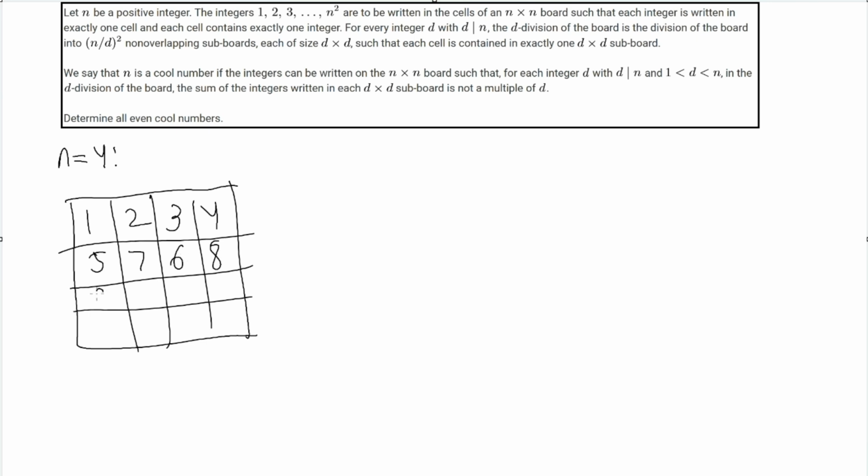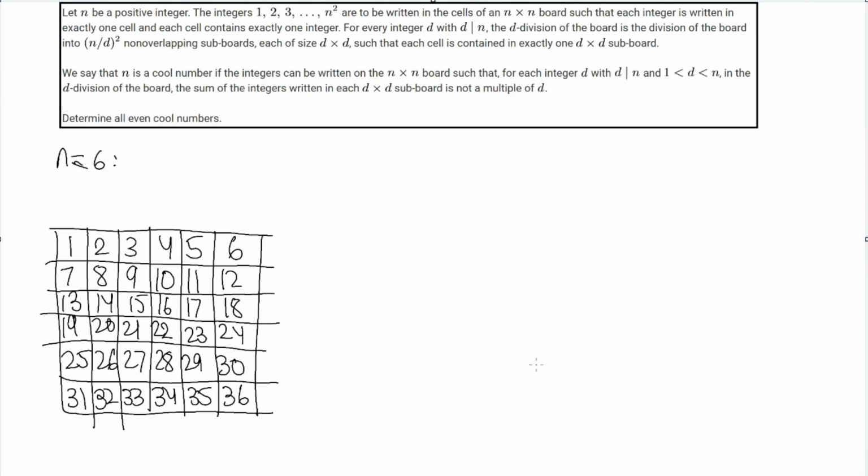So we can do something similar here, 9, 10, 11, 12. And then finally 13, 15, 14, and 16. And notice how we use this swapping idea again. And indeed, the sum of the numbers in each section is odd. So that means that n equals 4 works.